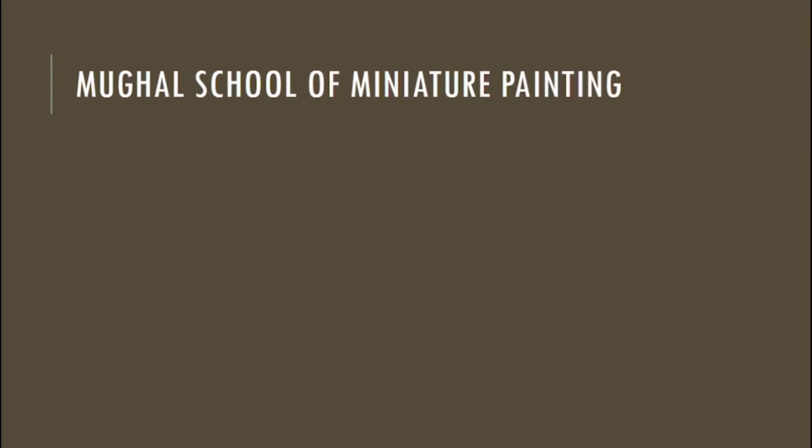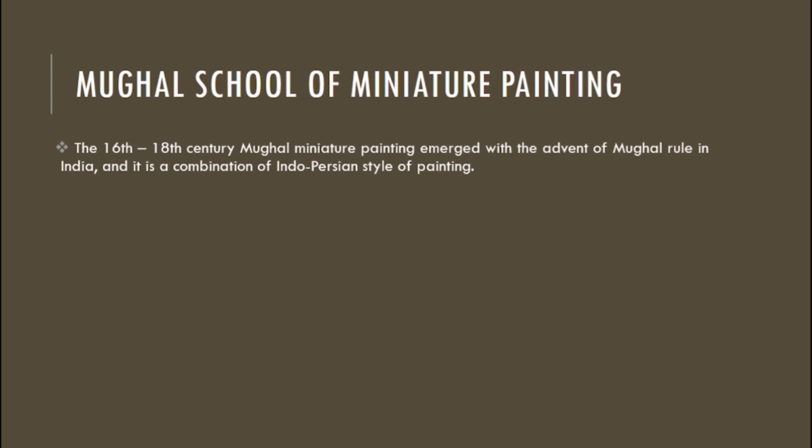So the Mughal school of miniature painting started from the 16th century and lasted to the 18th century, and it is a combination of an Indo-Persian style of painting.